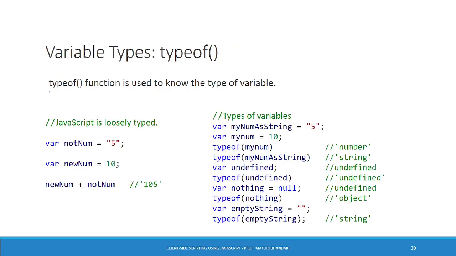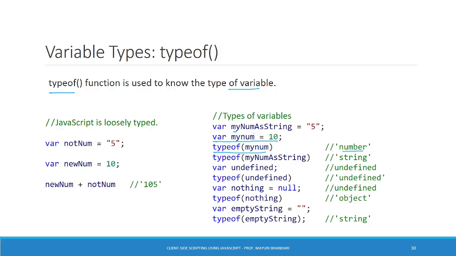If you want to know the type of any variable, you can use the typeof operator. It is used to know the type of a variable. How to use it? First define a variable like this. I have defined one variable, and if I say typeof myNum, it will give you number.